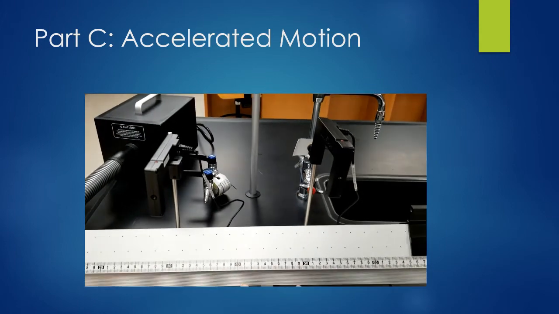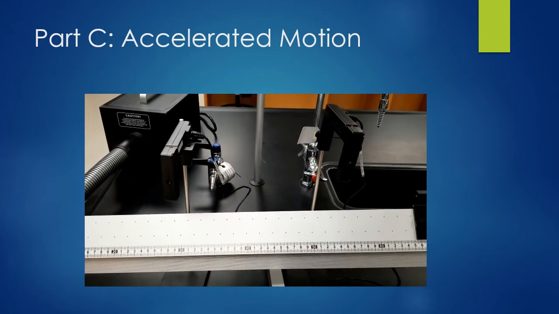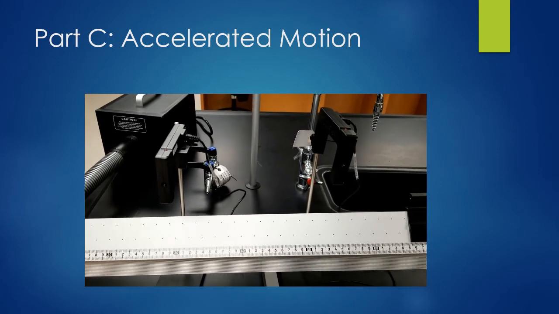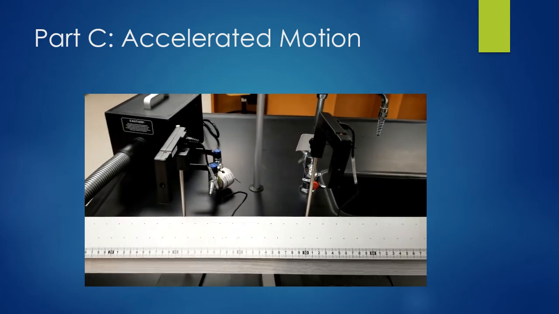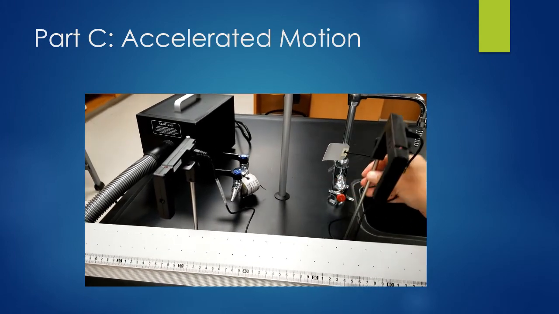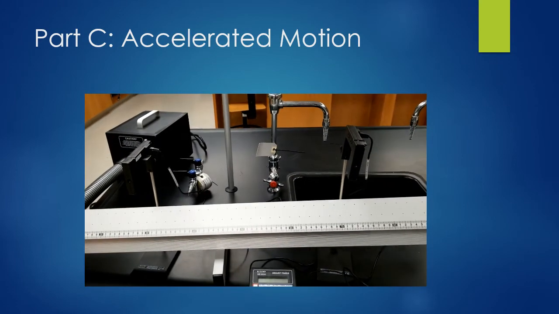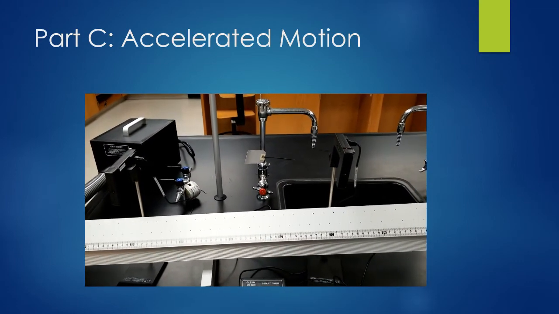So the first distance I have marked off is 20 centimeters. For the following data points, we're simply going to move one of the photo gates another 20 centimeters so that they are now 40 centimeters apart.